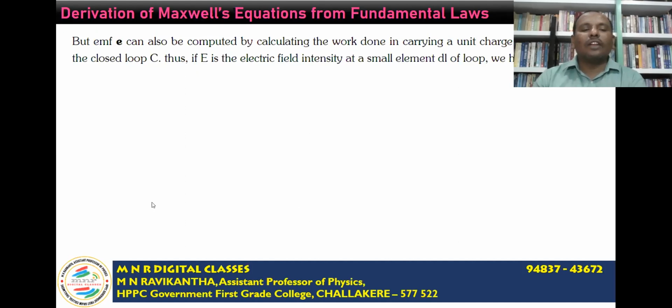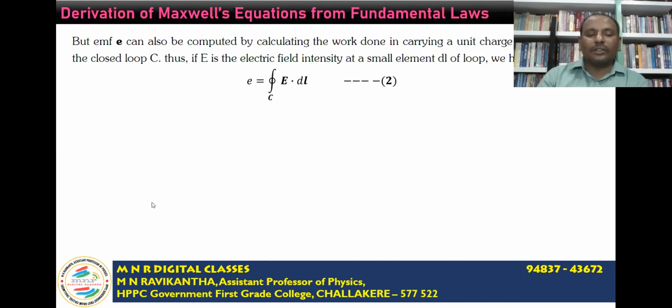But EMF E can also be computed by calculating the work done in carrying a unit charge round the closed loop C. Thus, if E is the electric field intensity at a small element dl of the loop, then the EMF induced E is equal to the closed integral of E bar dot dl bar.